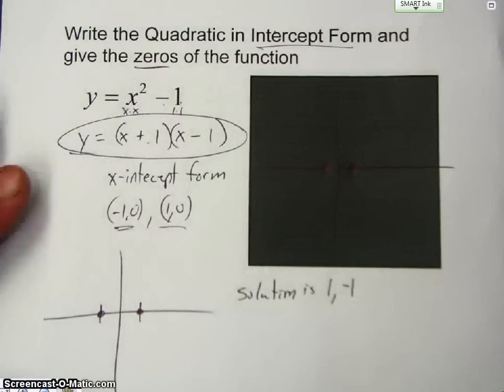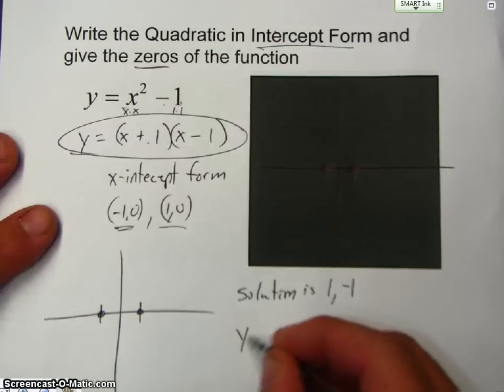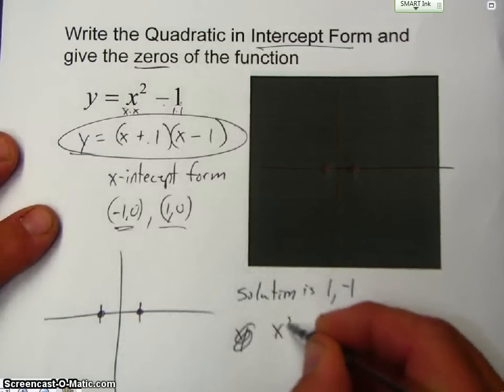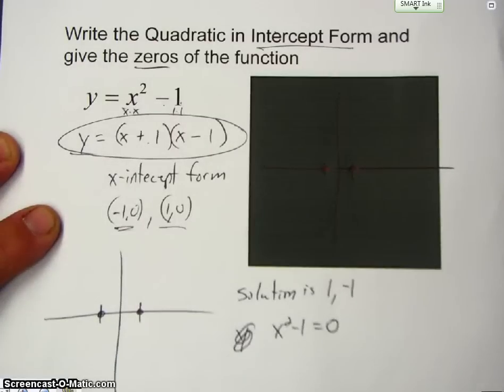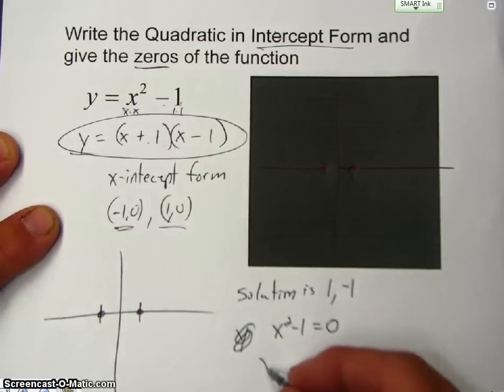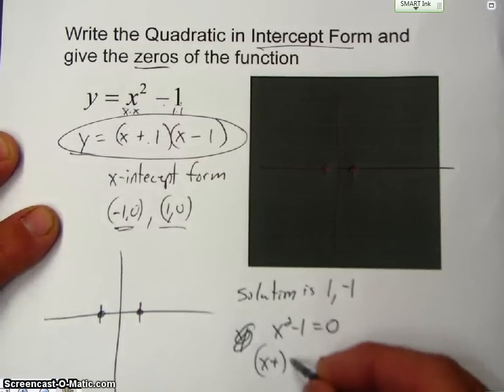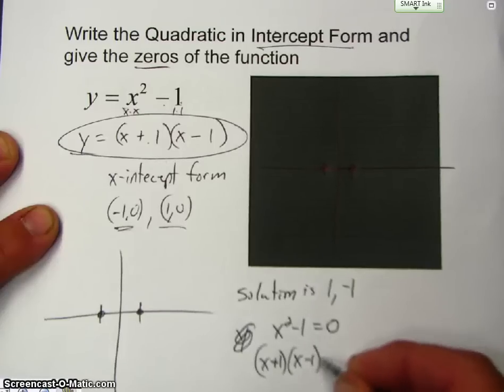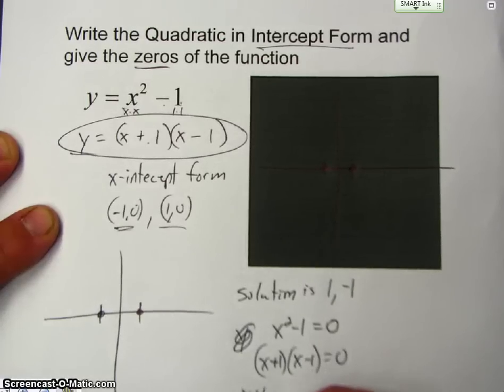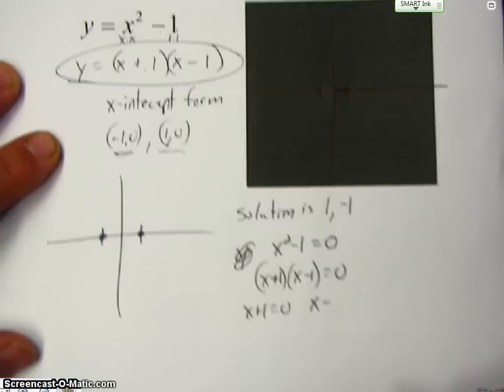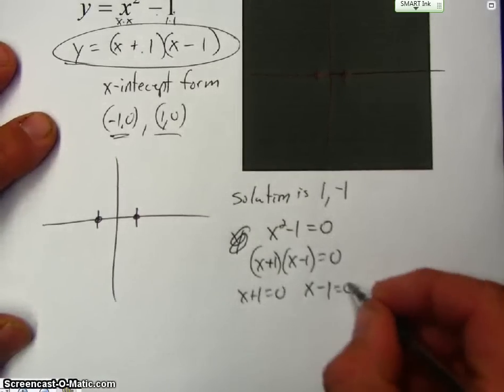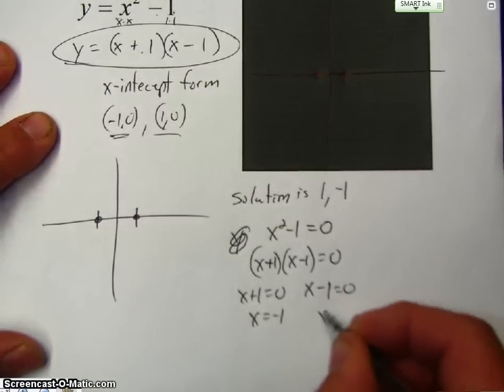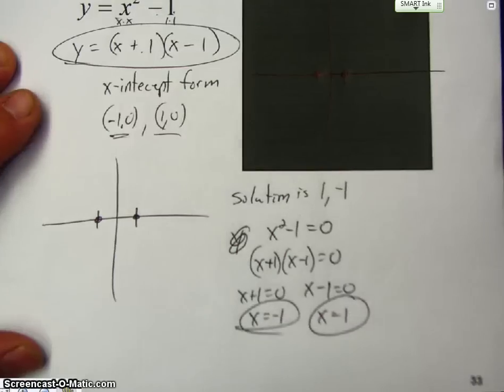In other words, if I had x squared minus 1 is equal to 0, I would get x plus 1 times x minus 1. Remember, we factor it, we set each one equal to 0, and then solve. And there are my two solutions.